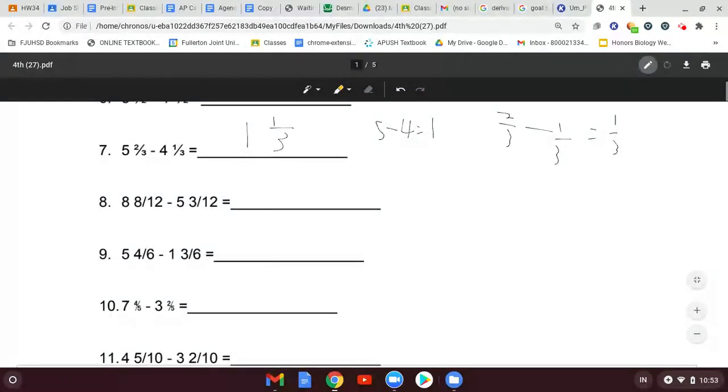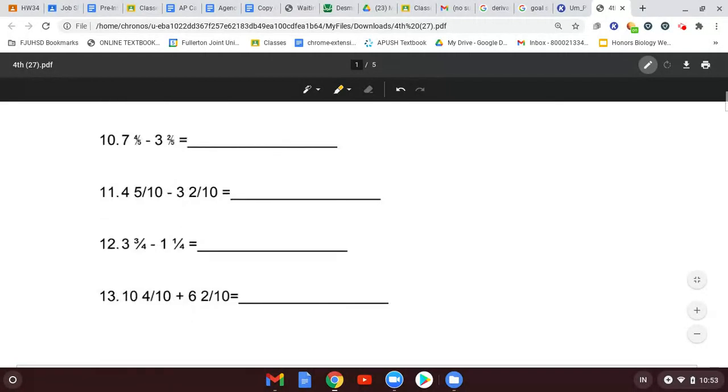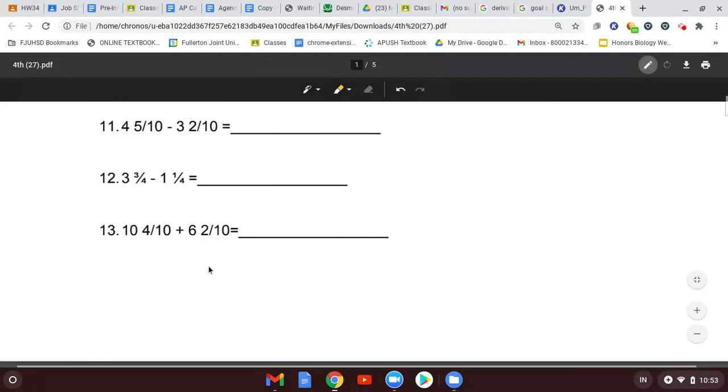Let's do this with the addition problem this time. So let's do 13. So again, whole numbers together. So 10 plus 6, which should equal 16. And then 4 over 10 plus 2 over 10, which should equal 6 over 10.